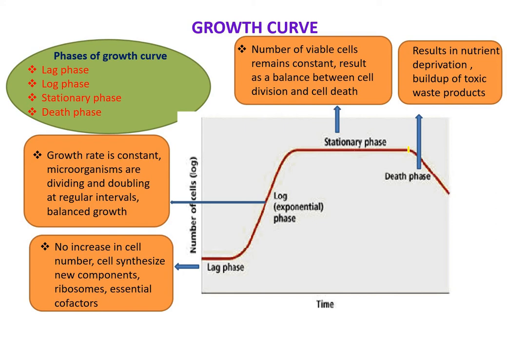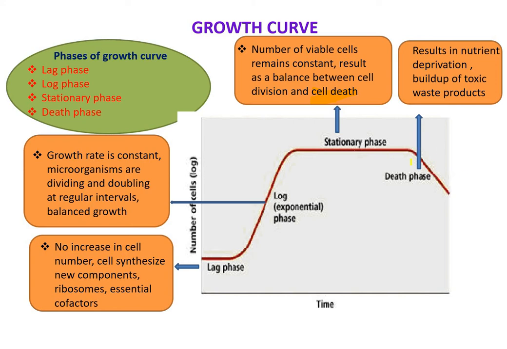The reason is that the carbon source and nutrients become limited, and the stationary phase results from a balance between cell division and cell death. Then the stationary phase is followed by the death phase.